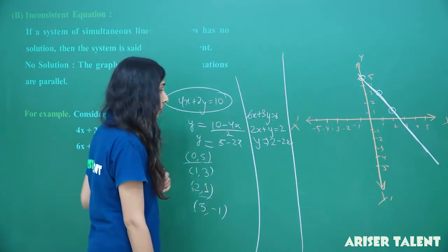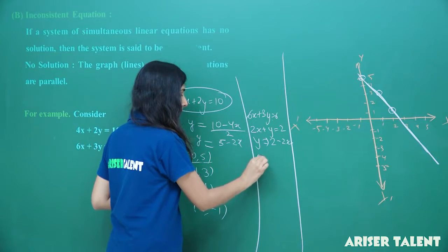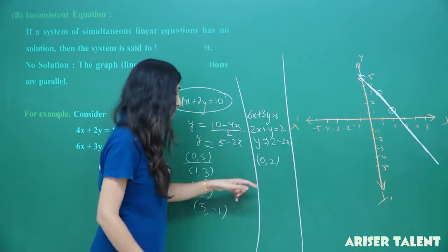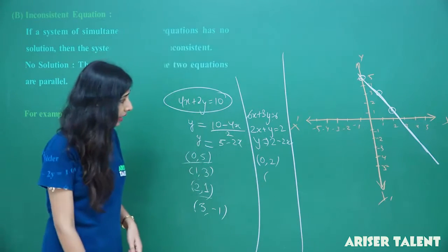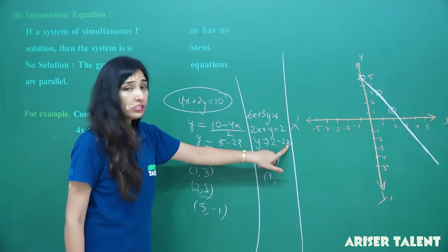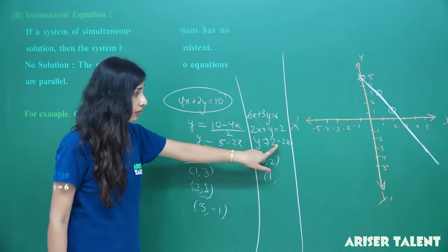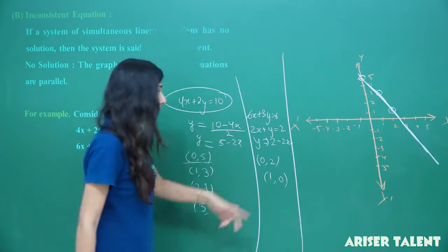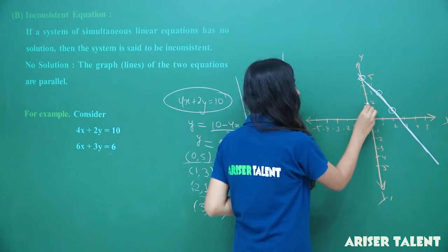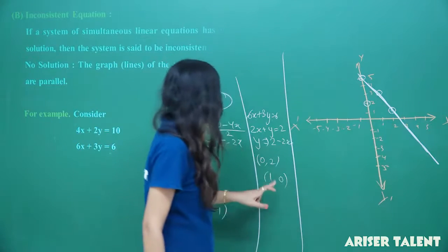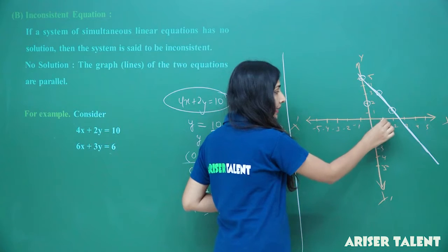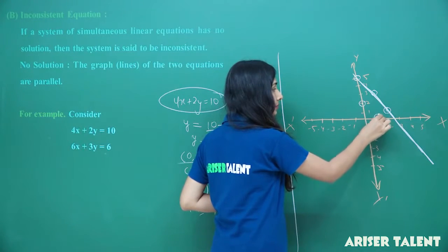So if x equals 0, the value of y is 2. If x equals 1, the value of y is 2 minus 2, which is 0. So locate these points, 0 and 2, and then 1 and 0.